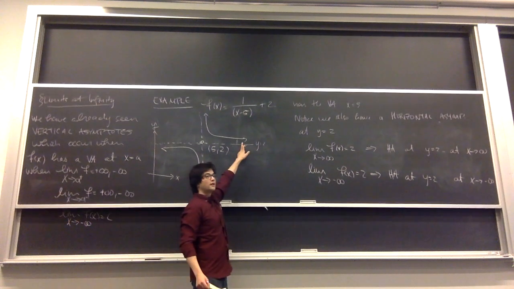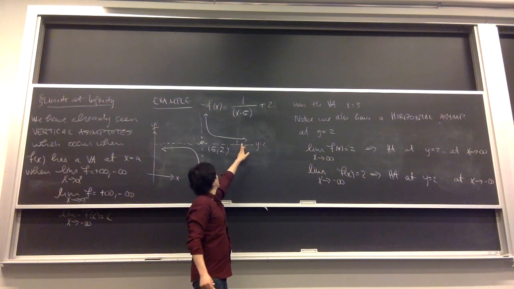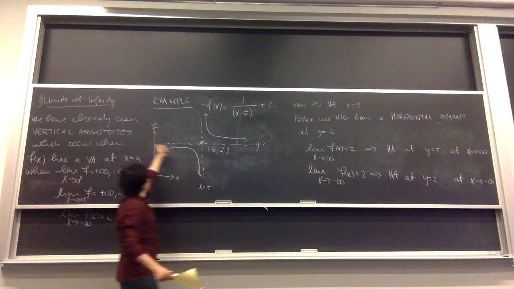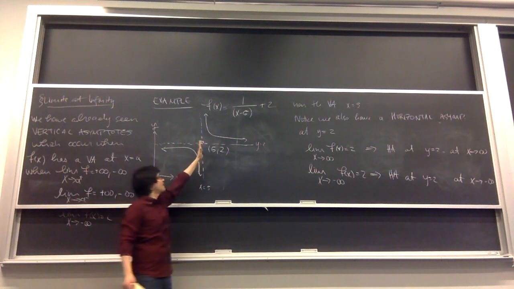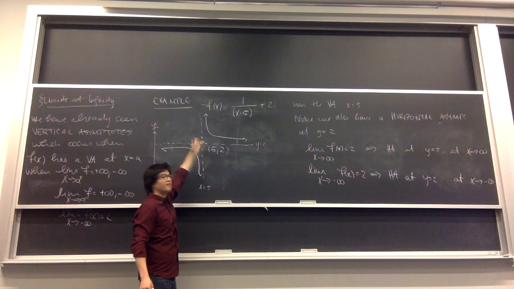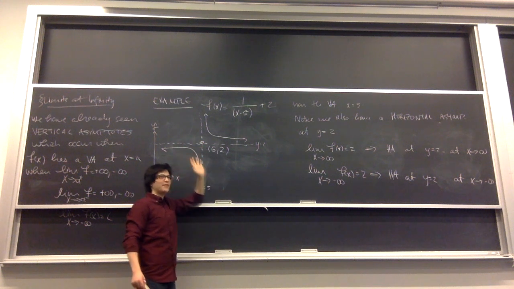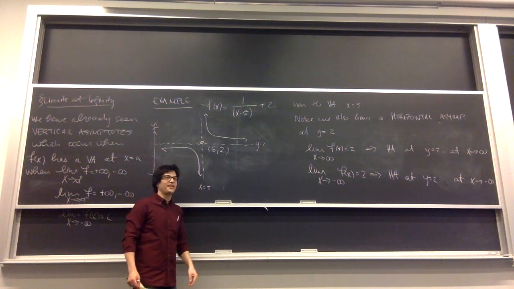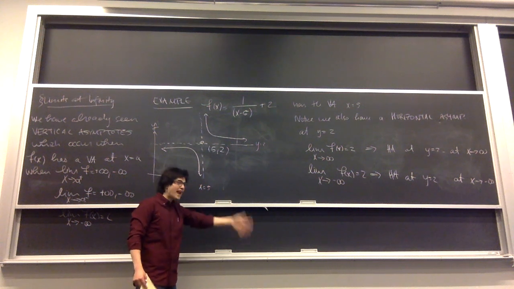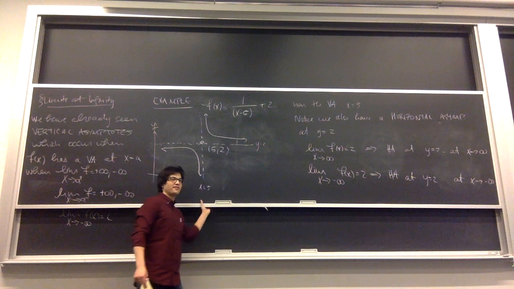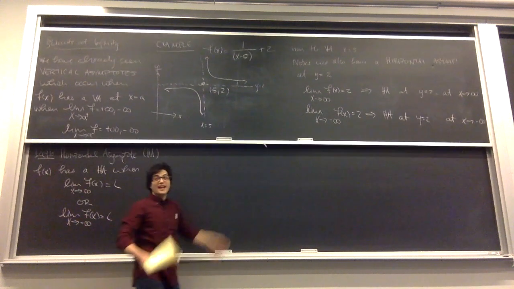It's not left and right of this vertical line. When I say right, I mean go to positive infinity and tell me about the behavior. And if I say go left, that means go to negative infinity and tell me about the behavior.